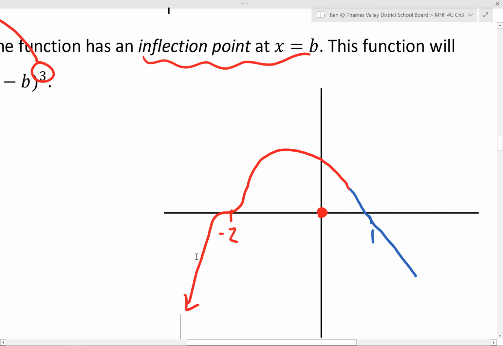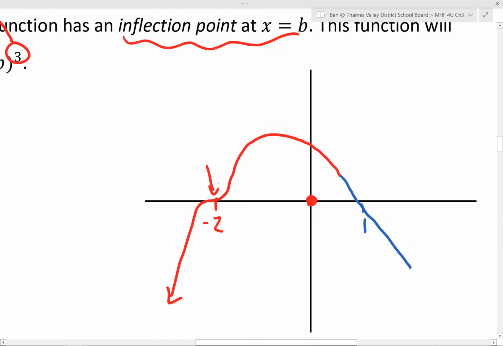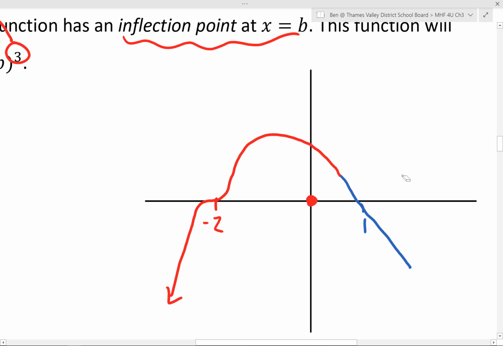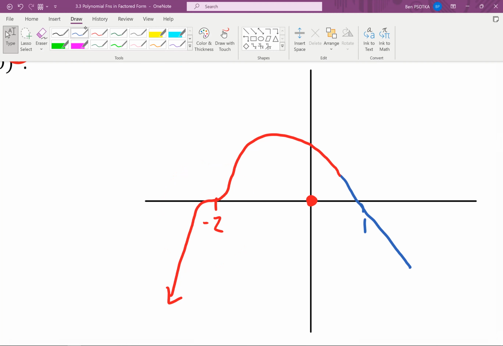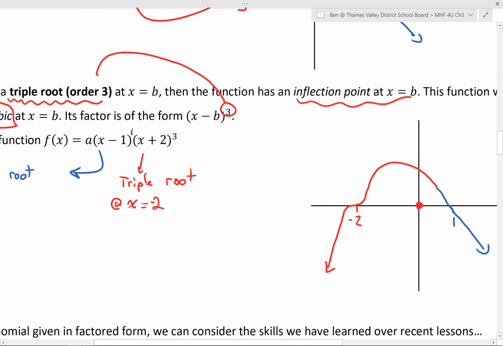It comes parallel, actually, with the axis right in there, very close. So we're very focused on what the function looks like as it's crossing the axis. Again, it's behaving linearly over here with a root of order 1, and it's behaving like a cubic function over here with order 3.